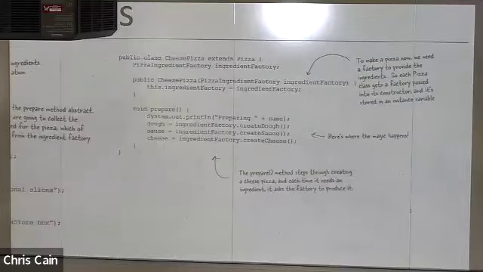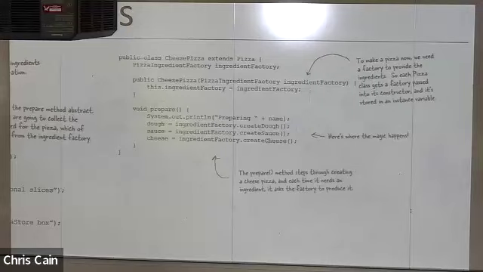Here's an example of the cheese pizza, a subclass of pizza. We're going to have an ingredient factory for a cheese pizza. The constructor just sets the associated ingredient factory. And then prepare just takes in the associated ingredient factory, since we would have a New York ingredient factory if this was a New York style cheese pizza.